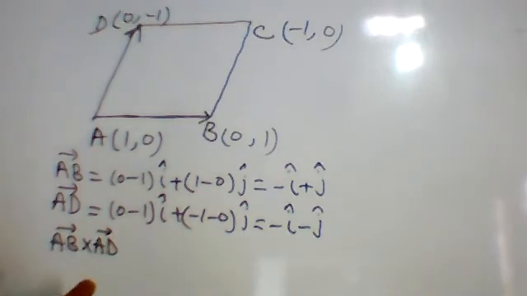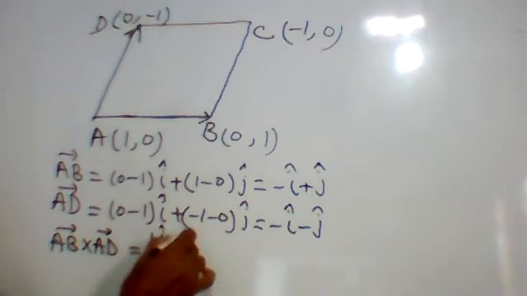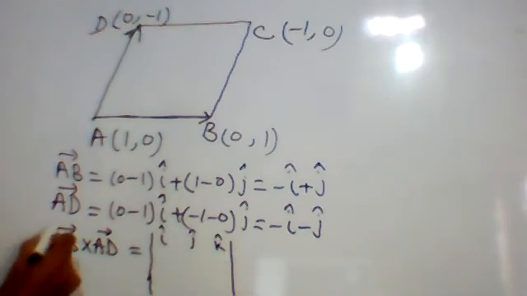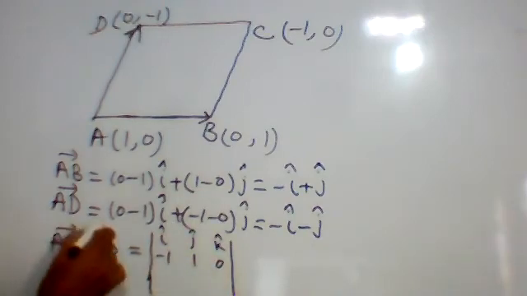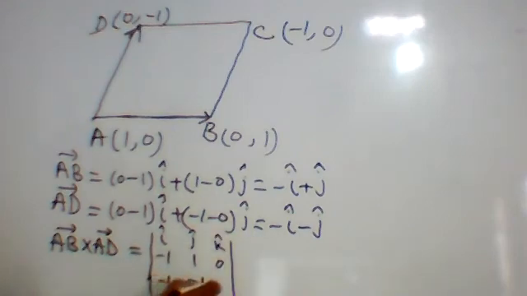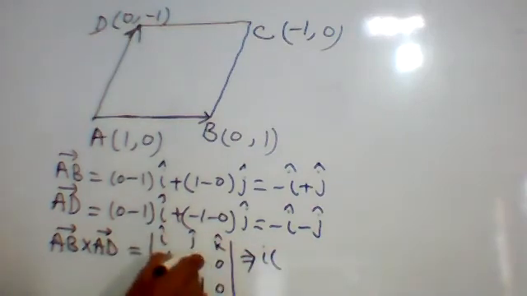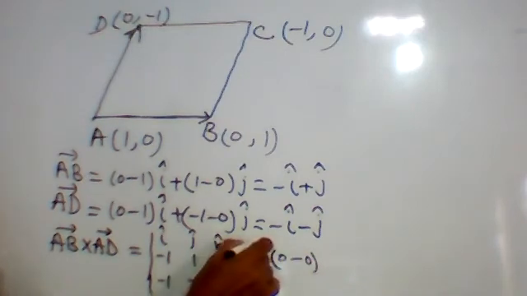Now we'll find AB cross AD with the same method. i, j, k; AB is minus 1, 1, 0; AD is minus 1, minus 1, 0. First i: leave this column and this row; 1 into 0 is 0, minus 0 into minus 1 is 0, so i is 0.